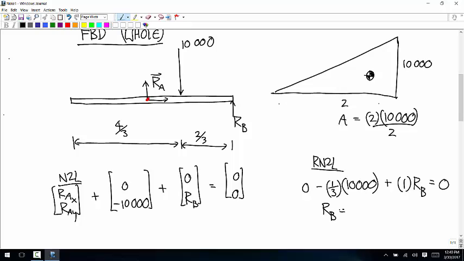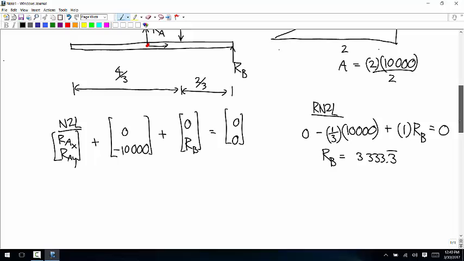So RB is equal to 3333.3 repeating. And that means that RA is equal to 0 for the X, and then for the Y, positive 6666.6 repeating. Okay, so now we have the external loads.